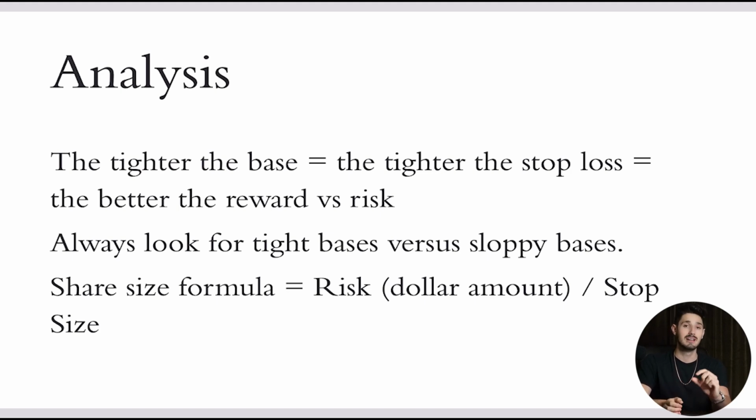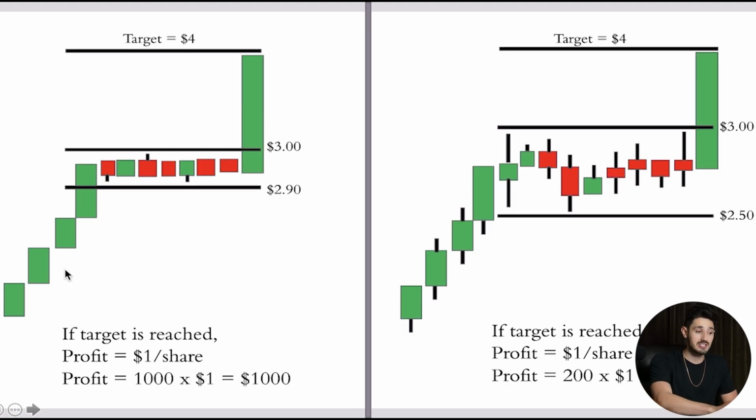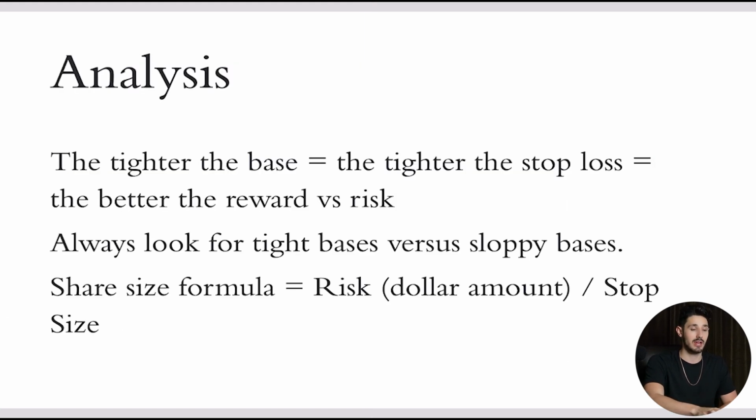We want to look for tight consolidations and tight patterns because they have tight stop losses, which means we can make more money with the same risk. We're not risking more on this trade. We're risking $100 on this trade and $100 on this trade, but we can make 5 times more on setup 1 because we have a tighter stop loss, okay?